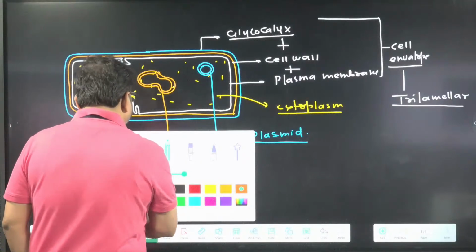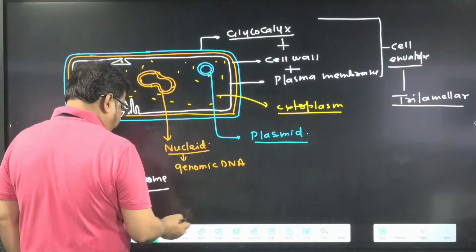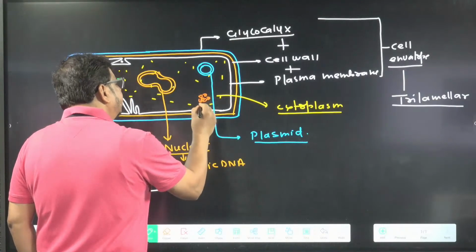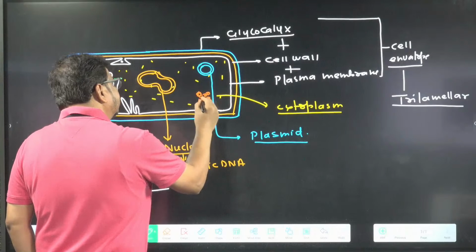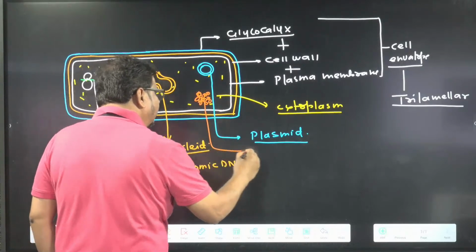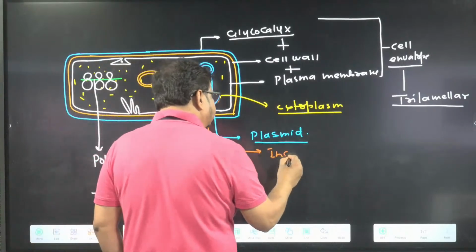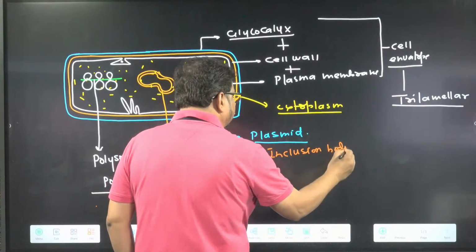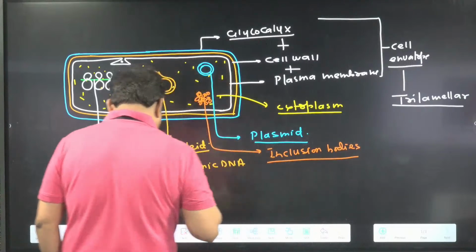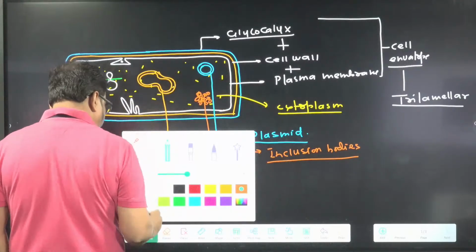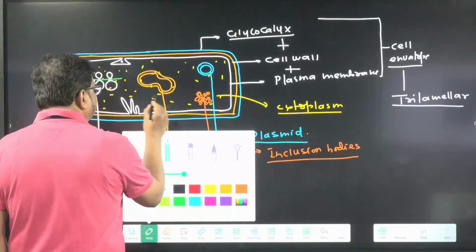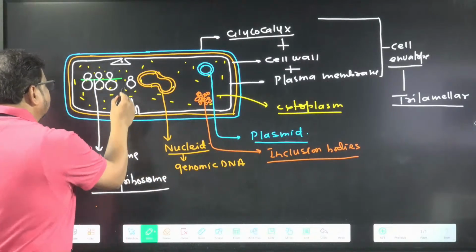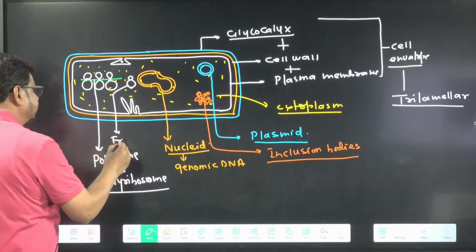Besides that, inside the cytoplasm of the prokaryotic cell, you will find many storage granules, and these storage granules are called inclusion bodies. Some ribosomes may be present in free state. It is not necessary that a ribosome always makes a polysome.